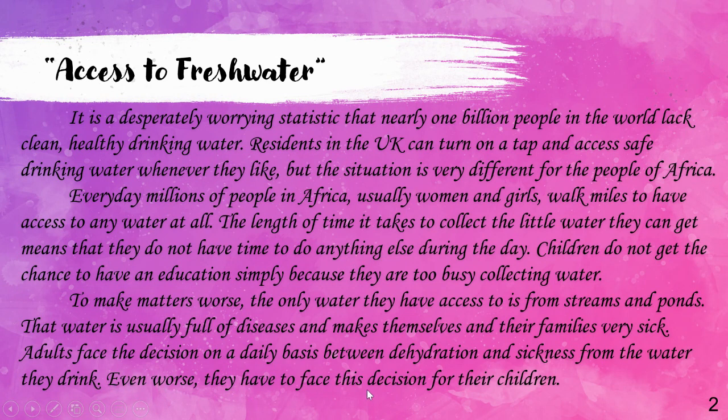Even worse, they have to face this decision for their children. So this paragraph is talking about, okay, adults have to decide, am I going to be dehydrated, which means not having enough water in your body, right? Not drinking enough water, or be sick because of the water. The water isn't very clean, right? Because all they have is water from streams or ponds.